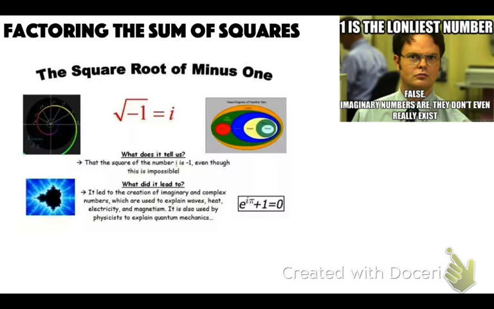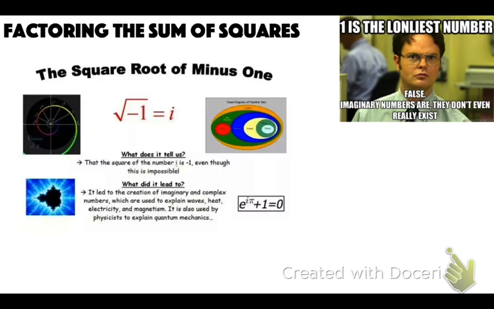So as mathematicians were discovering math and trying to find new things, they were trying to take square roots of negative numbers, and they were coming up with crazy things. They couldn't figure it out. And so that's where we came up with the complex plane. They should have called it a complex number instead, but we ended up getting the imaginary numbers.